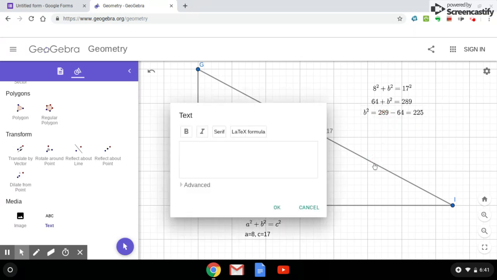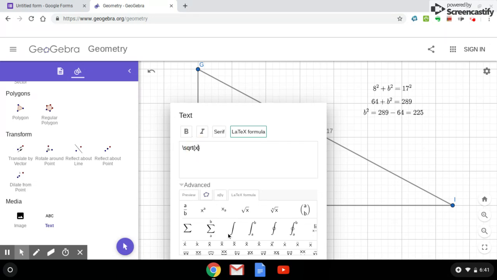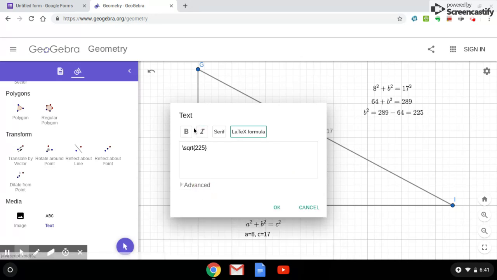Since we know that b squared is equal to 225, we just take the square root of the 225 to find our b value. So we're just going to take the square root of 225.